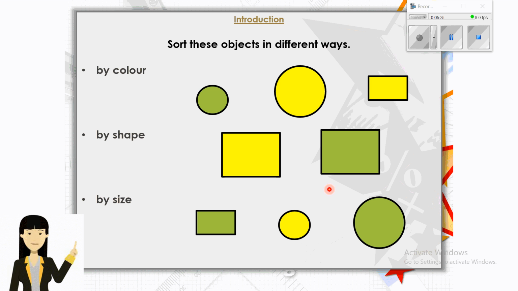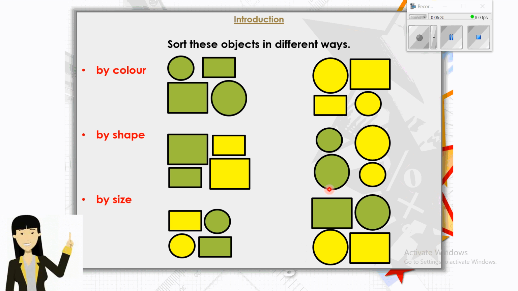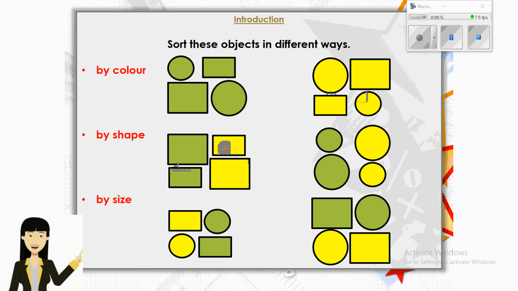This is my answer. Here is my color, 2 groups. Here all the objects are the same color, and here all of them are yellow. By shape, all the group here are rectangles, and all the group here are circles.